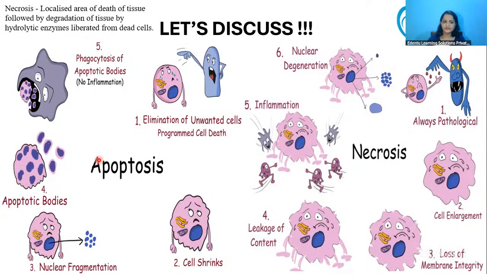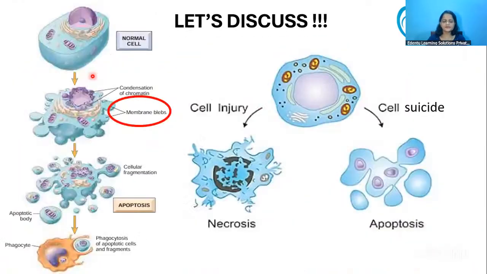Finally, the apoptotic bodies will be phagocytosed by an inflammatory cell. That is the most common process that you see in apoptosis. I hope you know the difference between apoptosis and necrosis.